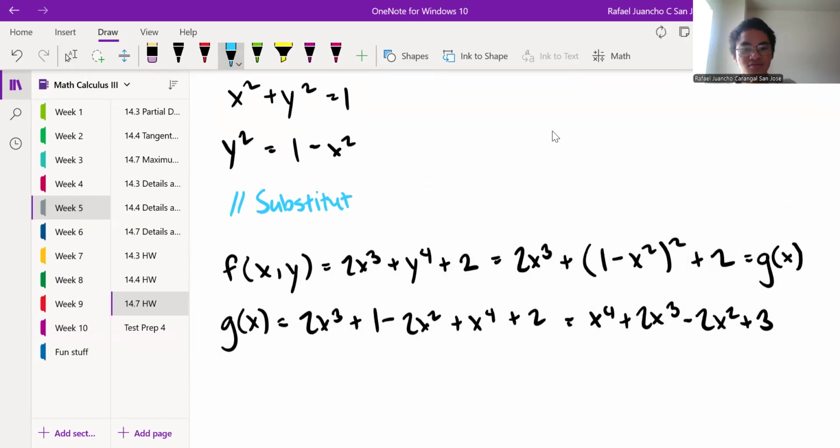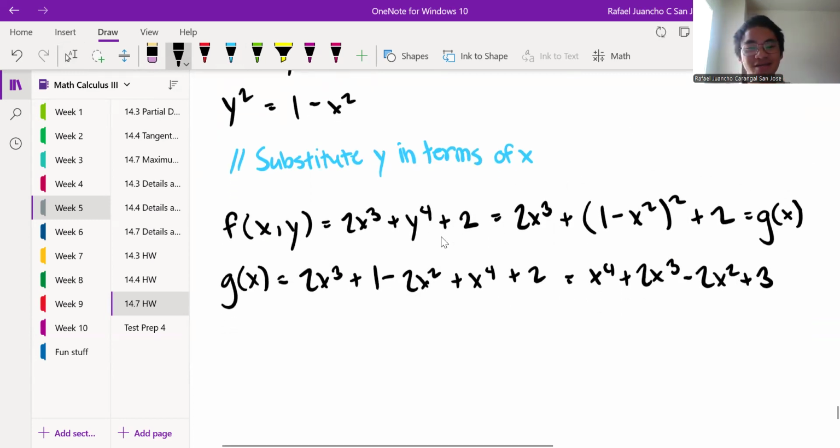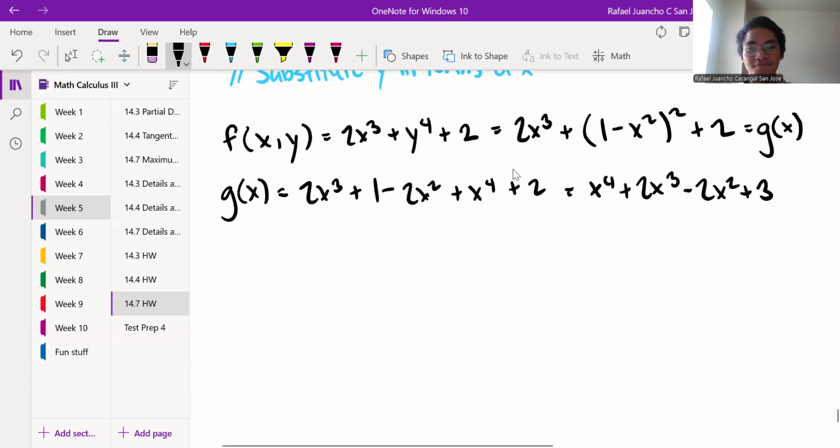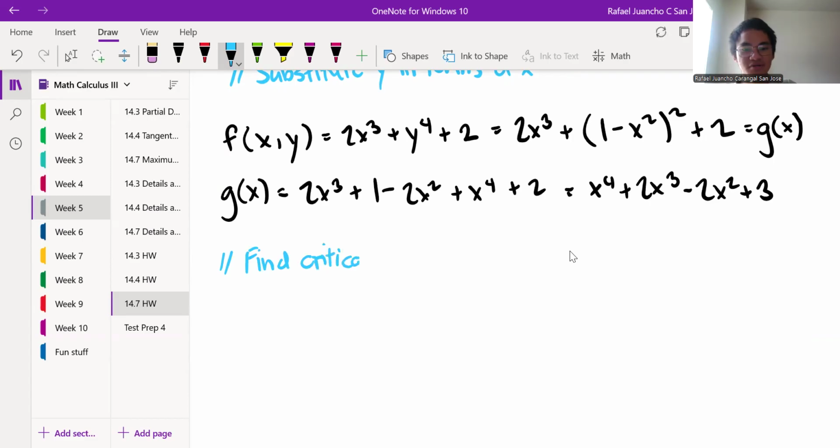Substitute y in terms of x. What would be the reason for substituting? Play around. That's one thing. Make my life easier. It's another thing. I don't know. We'll see what happens. And then from here, now I find my critical values or critical points.